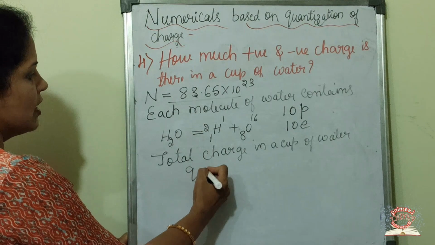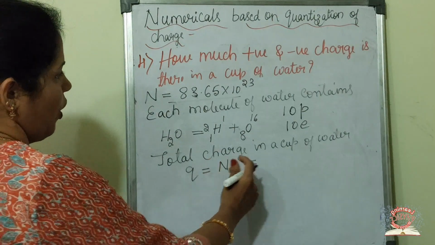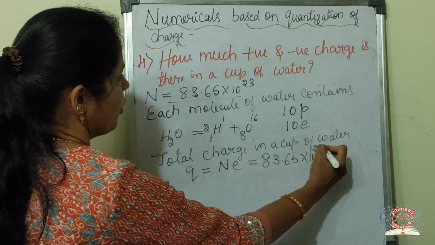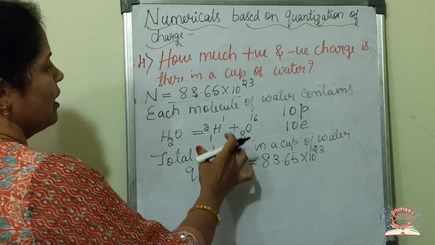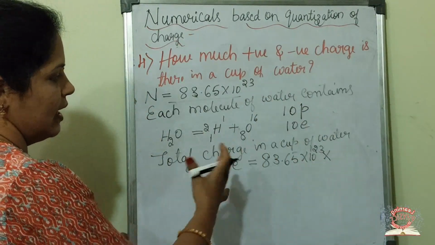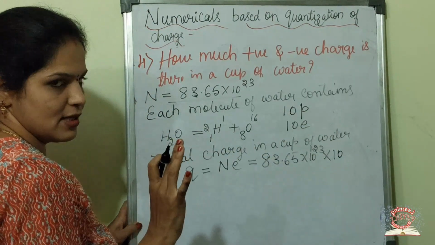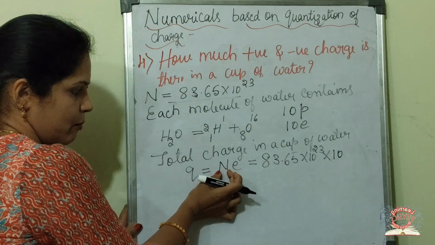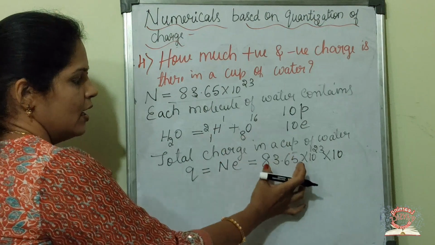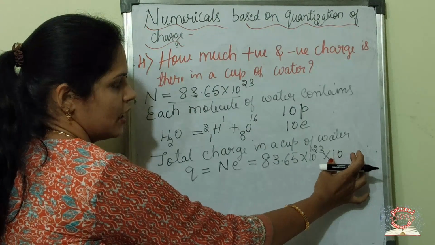So how to write? Q is equal to N into e. N is the number of molecules, 83.65 into 10 to the power 23 molecules in a cup of water. Each molecule has 10 protons, the positive charge, and the negative charge is the same number.